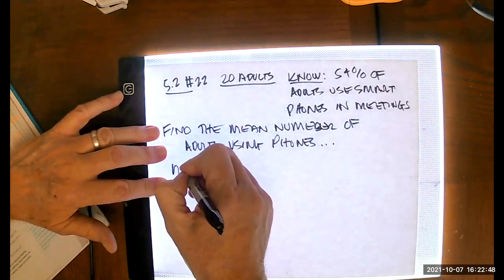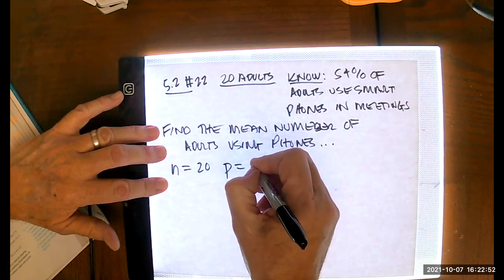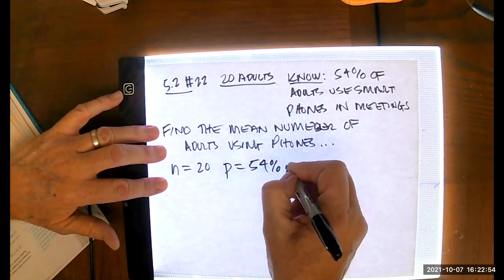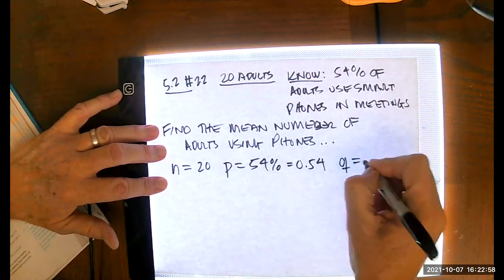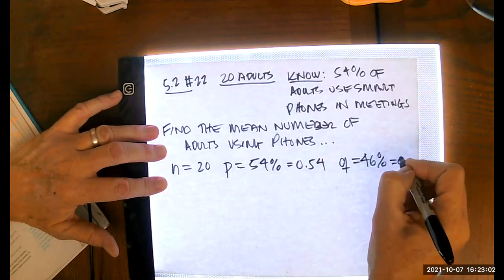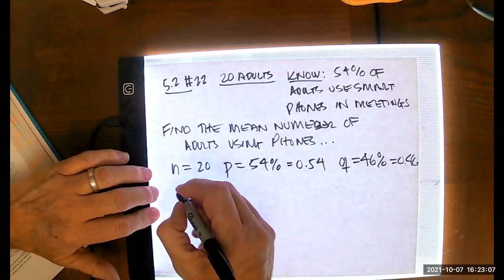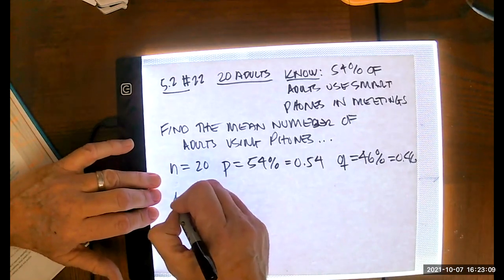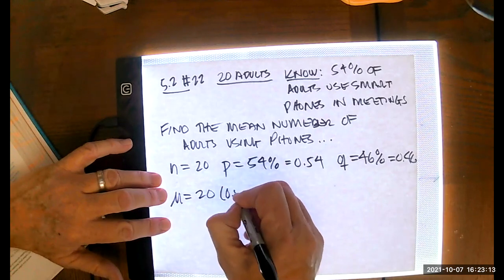I know that n is equal to 20. I know that p is equal to 54% or 0.54. Therefore, q is equal to 46% or 0.46. So for the mean, we have literally n times p.